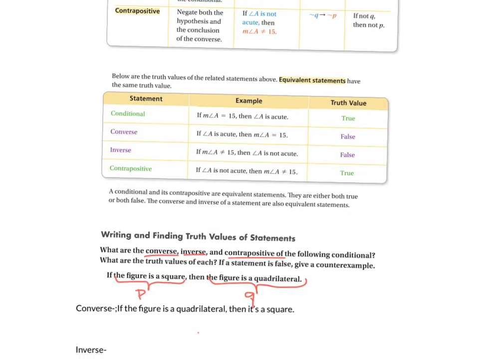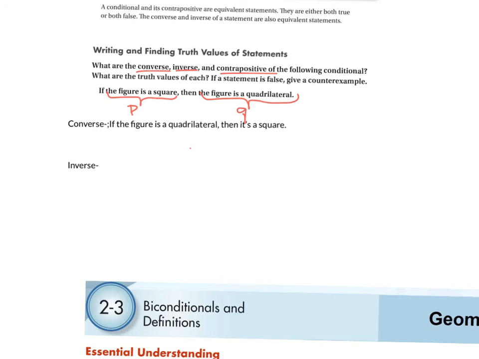All right, so if not P, then not Q. So if the figure is not a square, comma, then it is not a quadrilateral. Okay, so that's the inverse.